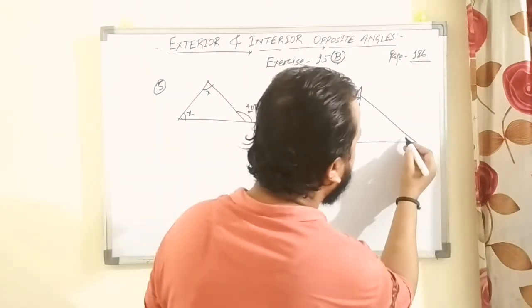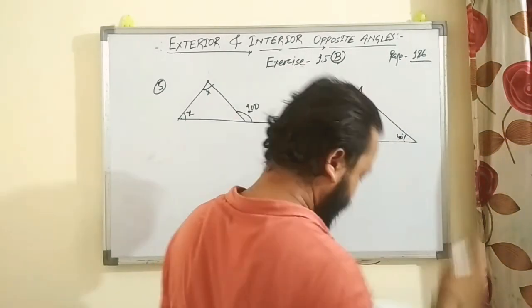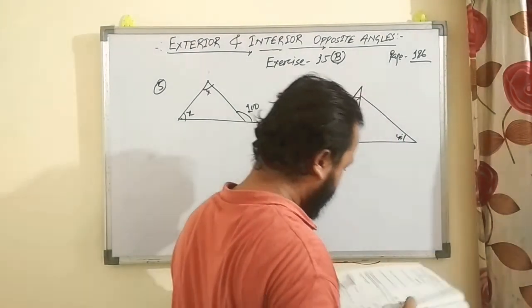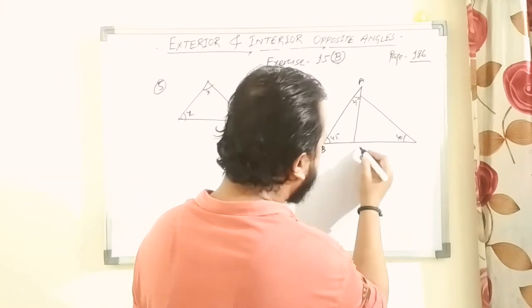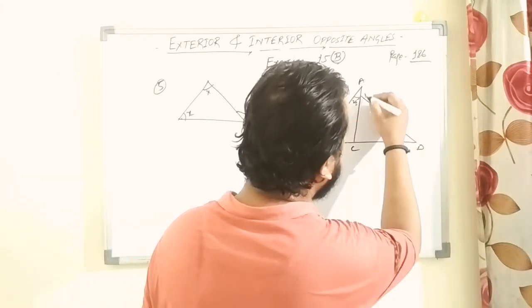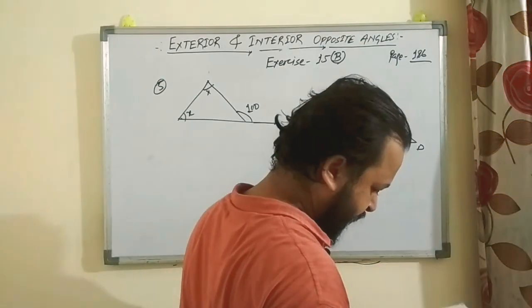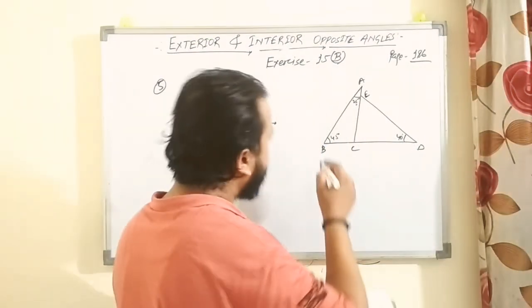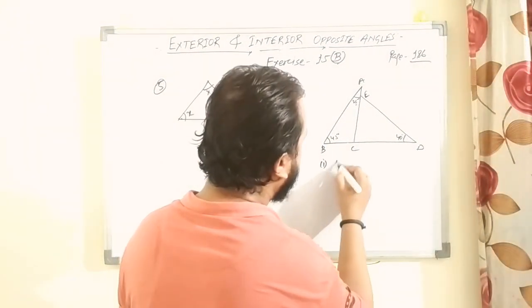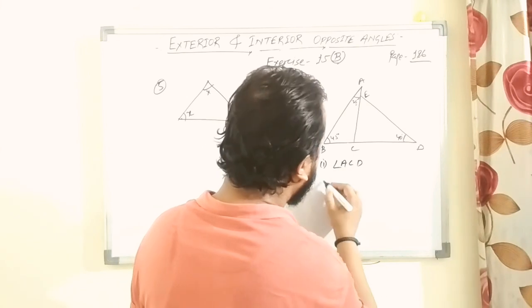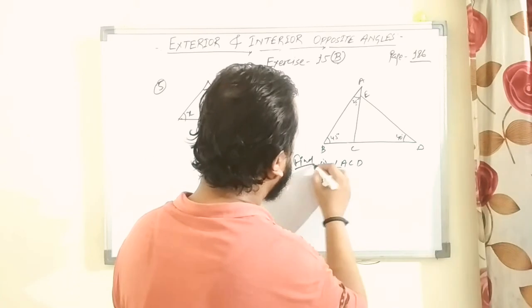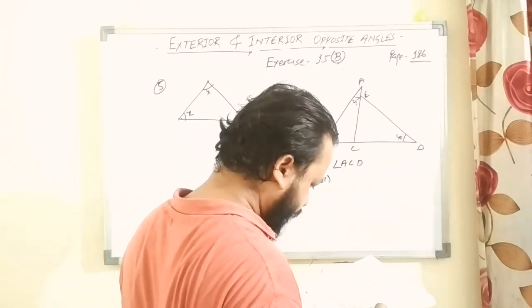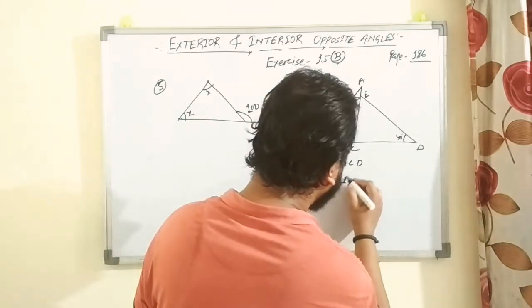And this angle is 40 degrees. Just name them A, B, C, D, and I think this is E. Yes. So you have to find out angle ACD, and second you have to find AED.